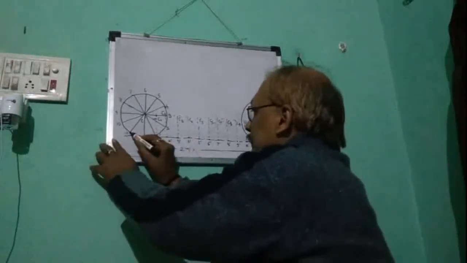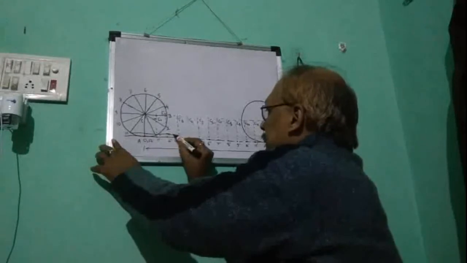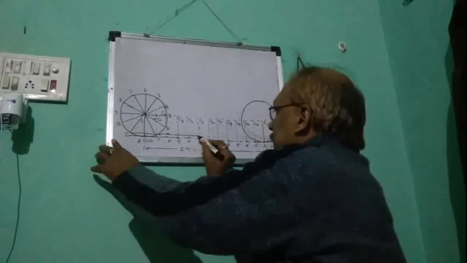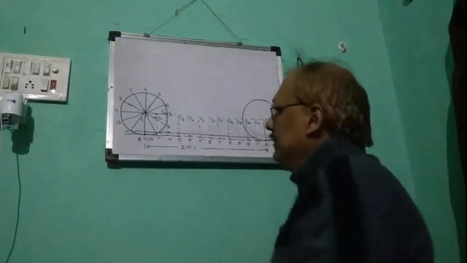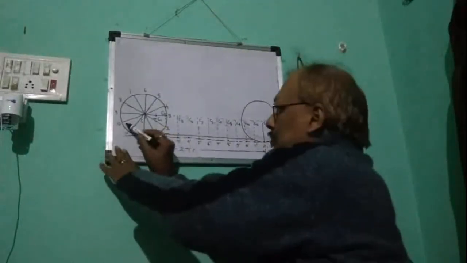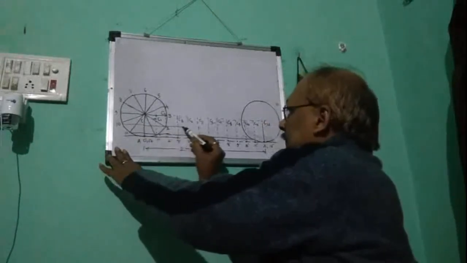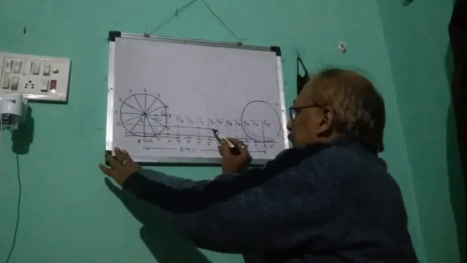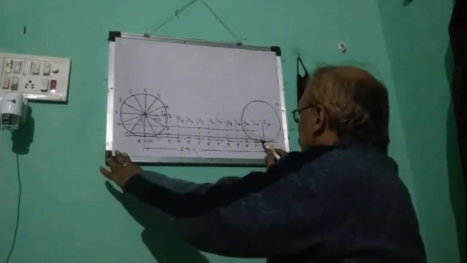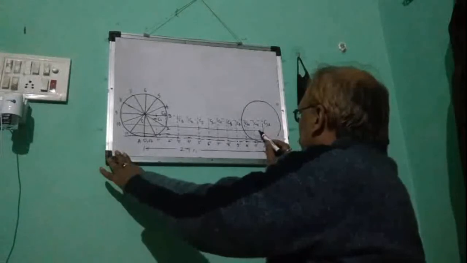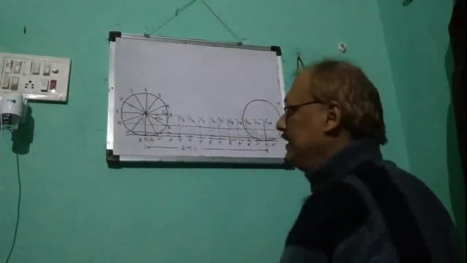So this is 1 and 11, isn't it? Similarly, 10 and 2, isn't it? And this is 3 and 9, already the line is there.